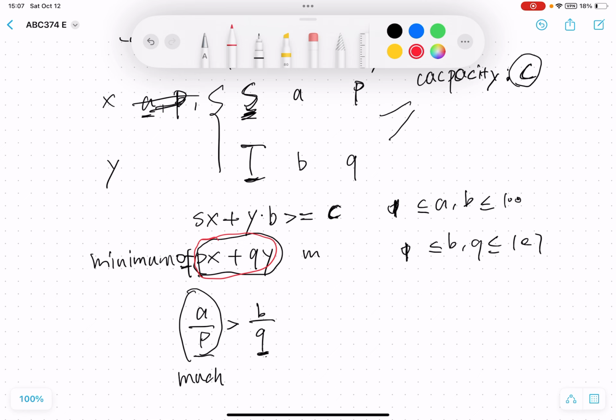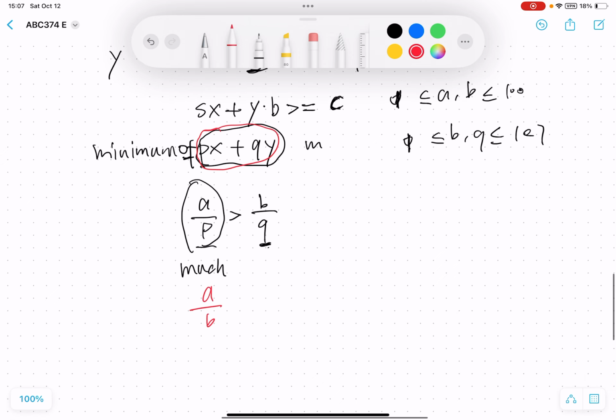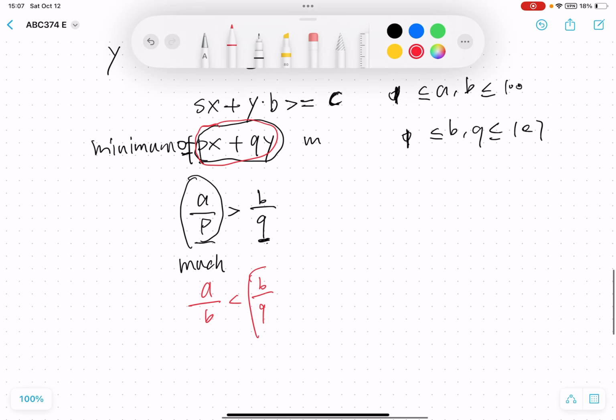In contrast, if A over P is smaller than B over Q, we should use the right as much as we can because it can produce more processes based on the same budget, using the same money. This is the key part of this problem.